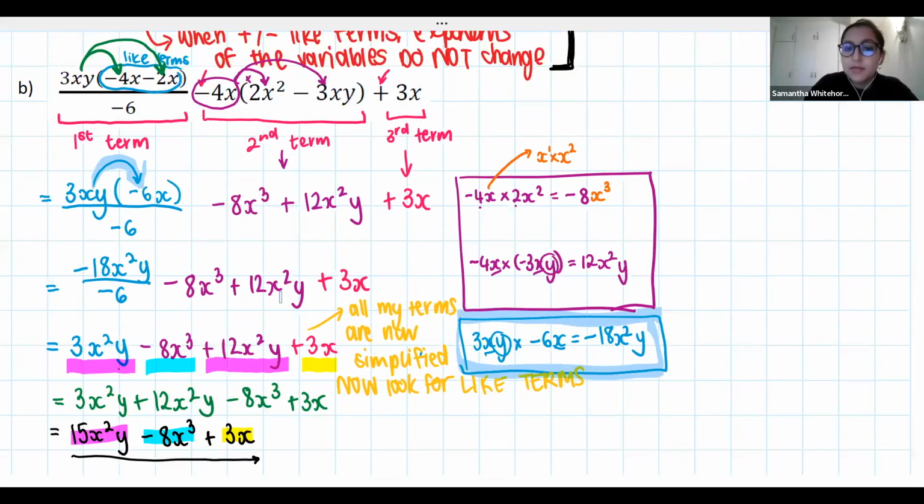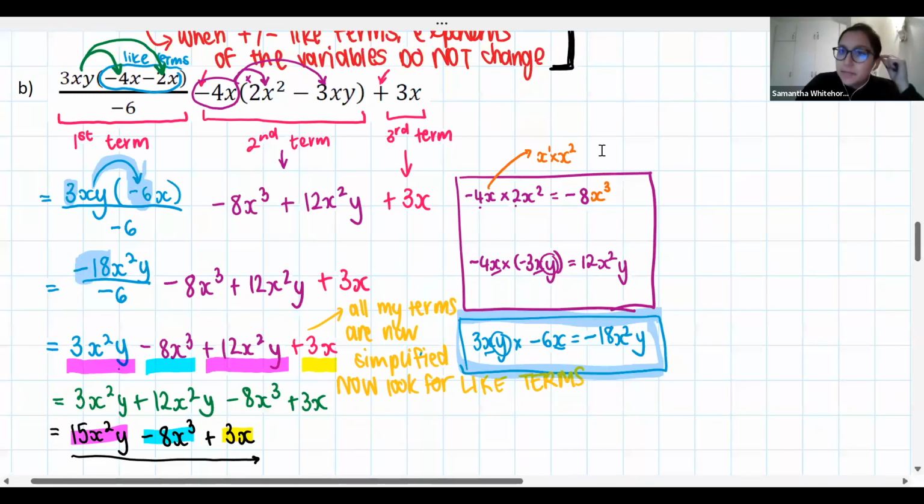So positive 3 times negative 6 is negative 18. X times x is x squared. And then we've just got the y by itself, so that's why we get x squared y. The negative 18 has come from saying positive 3 times negative 6. That gives us that coefficient of negative 18.